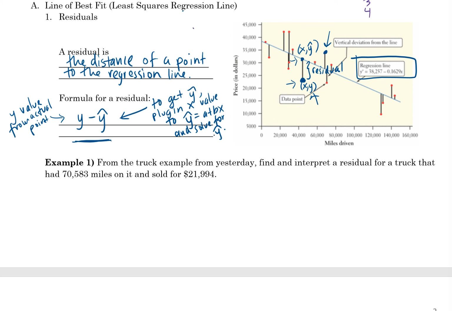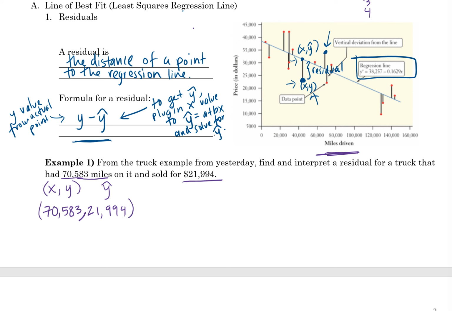Okay? So we'll see what you got in a second, but when I'm calculating a residual, I need to know 3 things. I need to know x comma y, and I need to find y hat. Well, I know the x value that I'm looking at. According to this graph, the x value should be miles driven, which means the x value is 70,583 miles, and then the actual price, the y value, is 21,994.